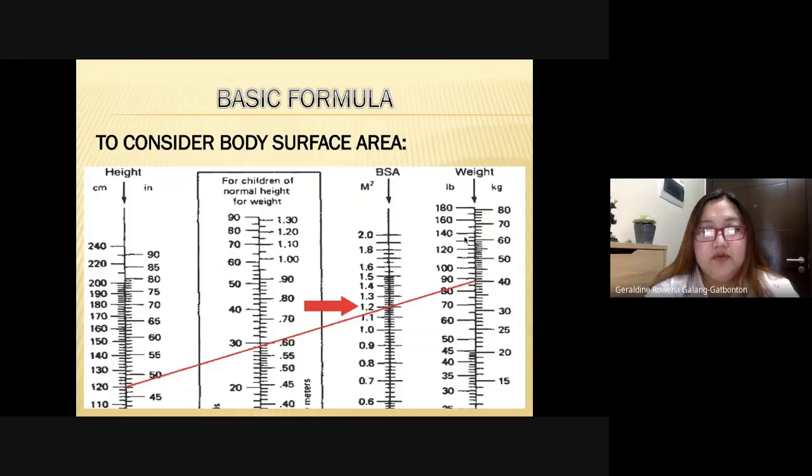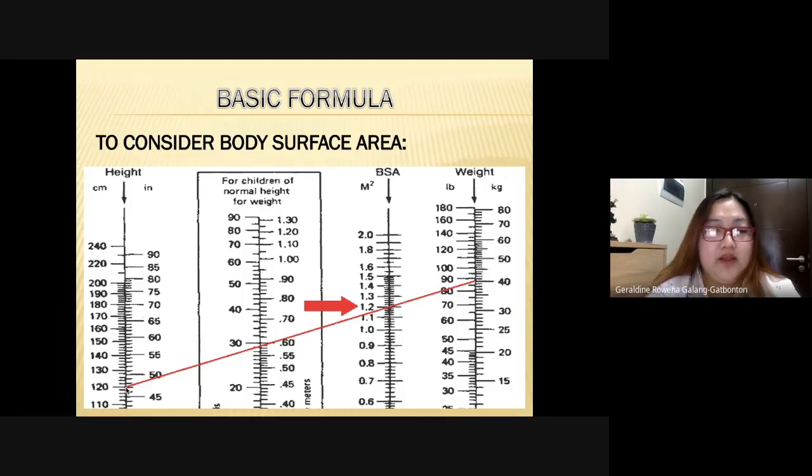So, remember, 47 inches tall, 40.5 kilogram weight. So, use the nomogram. Ano nga yung kanyang height? 47 inches. So, inches, somewhere over here. Alright, ano nga yung kanyang weight? 40.5 kilo. So, ito yung kilo. 40.5 is somewhere there.